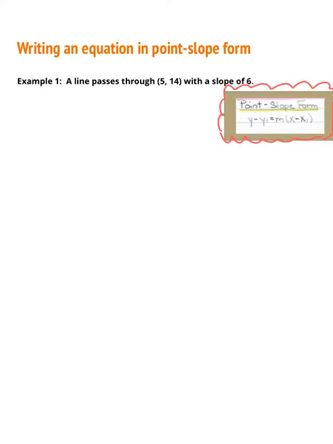Notice it starts off with y minus y1. The y is going to be part of our equation, but we are going to substitute a value in for y1. Then it's equal to m times the quantity x minus x1.